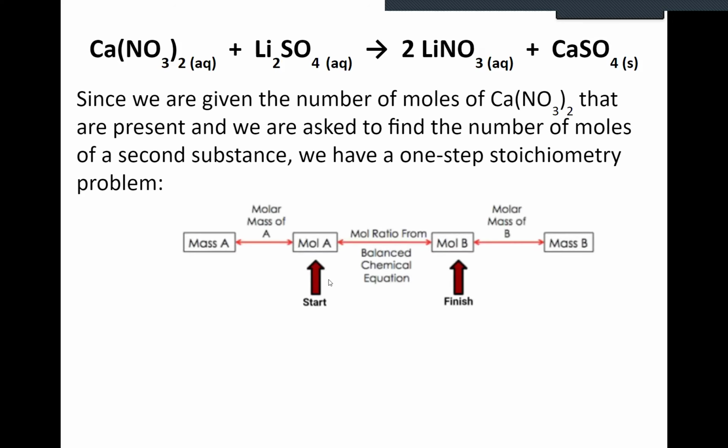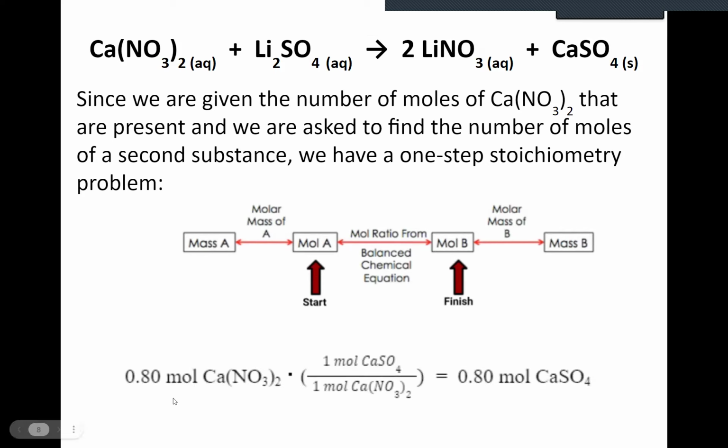We're going to go from moles of substance A to moles of substance B using that 1-to-1 mole ratio that we had identified. 0.8 moles of calcium nitrate times 1 mole of calcium sulfate over 1 mole of calcium nitrate gives you a mathematically identical answer to what our input was, but it's in different units, moles of calcium sulfate. So that's really important and a worthwhile calculation.